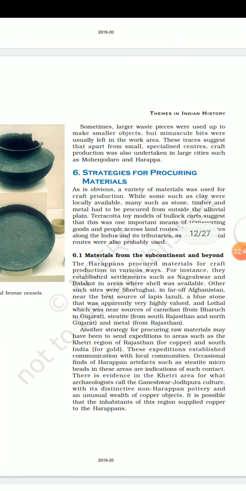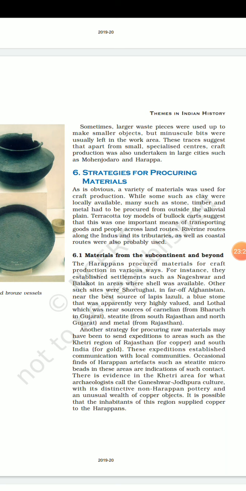Sometimes larger waste pieces were used to make smaller objects. And what is the other way? Sometimes you find that the waste material that was larger in size was used to make smaller useful objects.